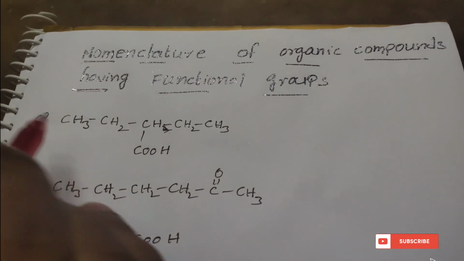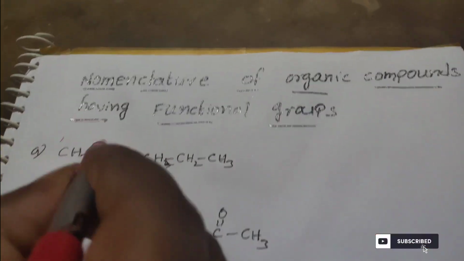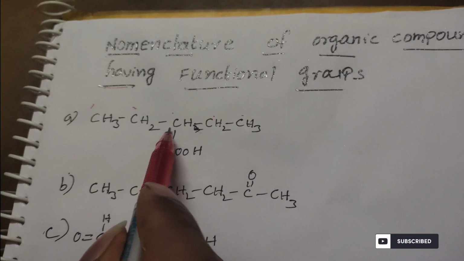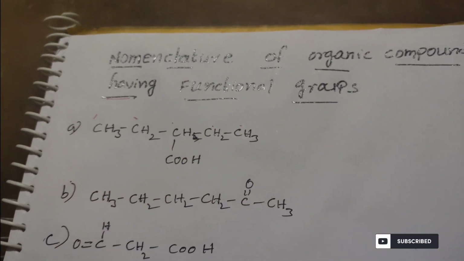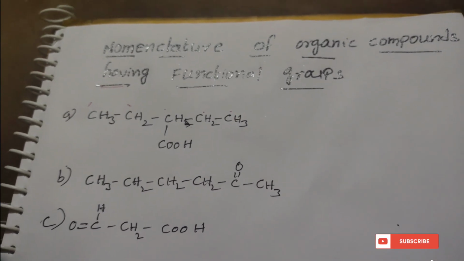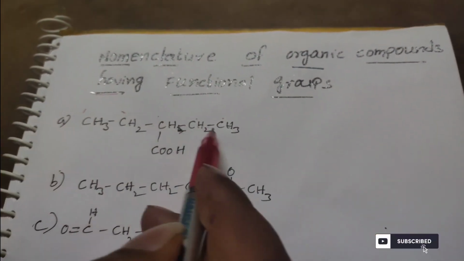In the first example, the total number of carbons present in the chain is 1, 2, 3, 4, 5. And how are we giving the numbering? It is the confusion: either from left to right or right to left.